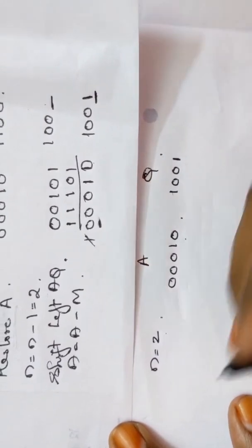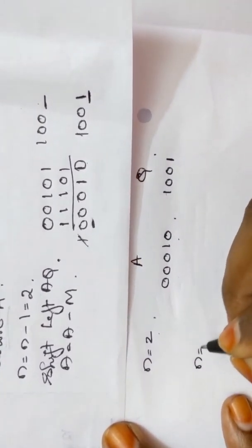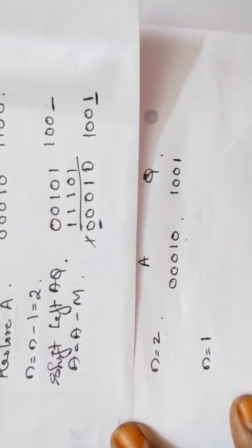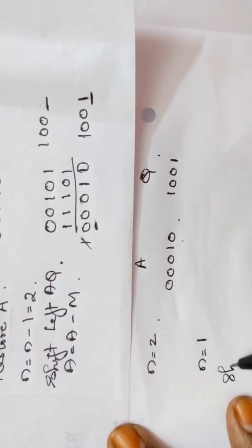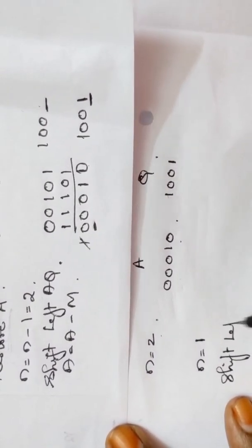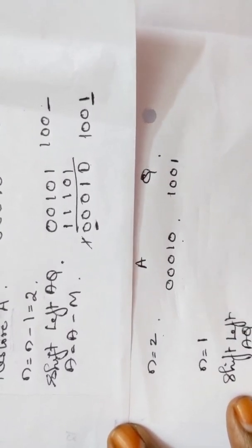Now the next process is you have to decrement the value of n, that is n is equal to 1. What you have to do is shift left the AQ register.